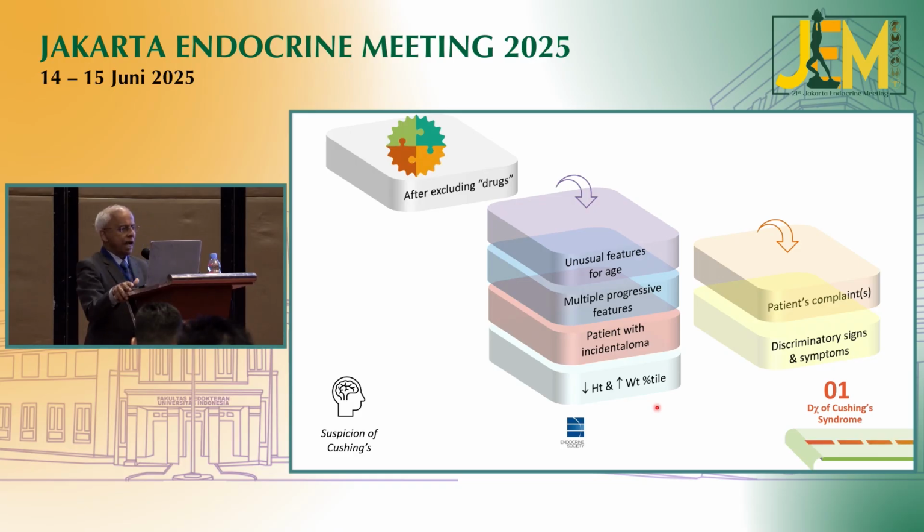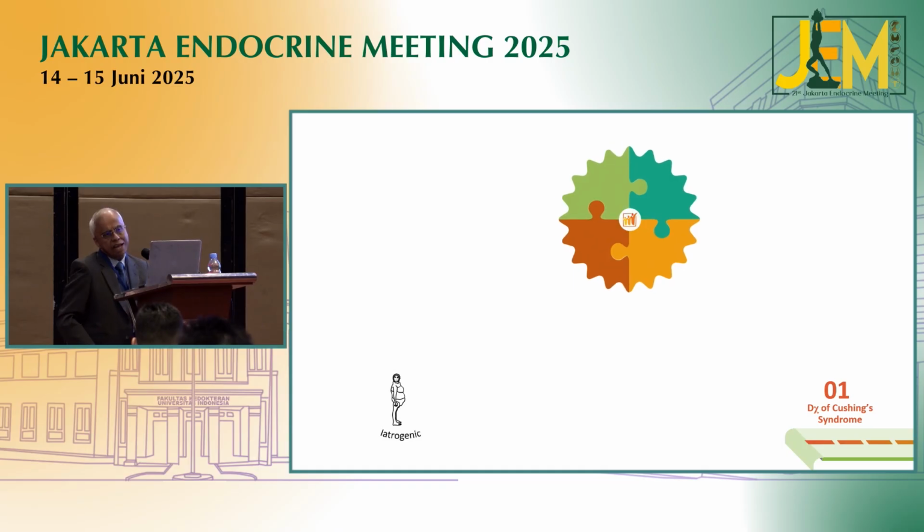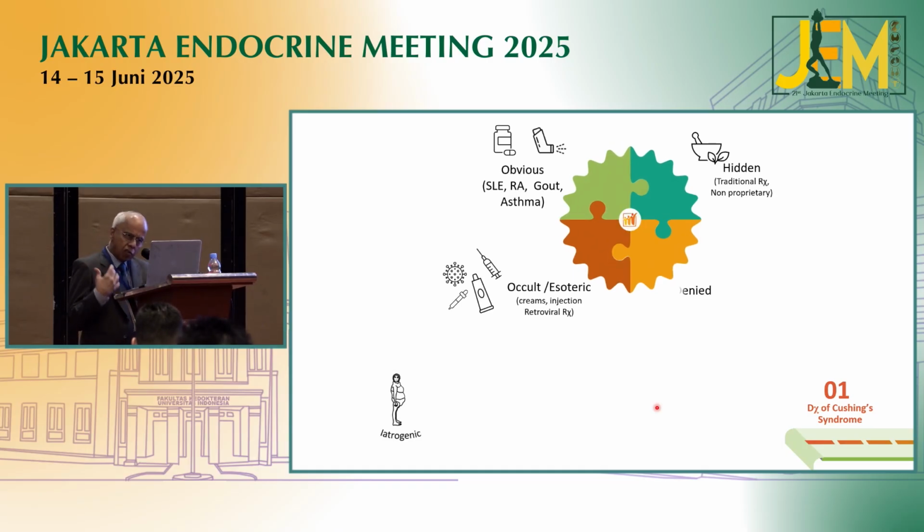In talking about exogenous Cushing's, I think there are 4 important aspects that we often have to ask and ask repeatedly. The patient may tell you they have SLE on steroids, gout, asthma. They may not tell you, they may take traditional medication, but one needs to probe for that.